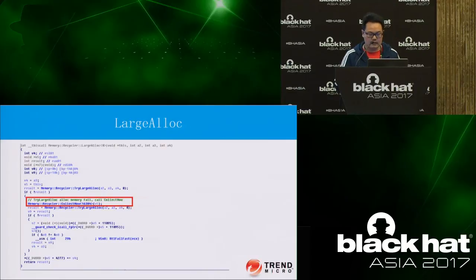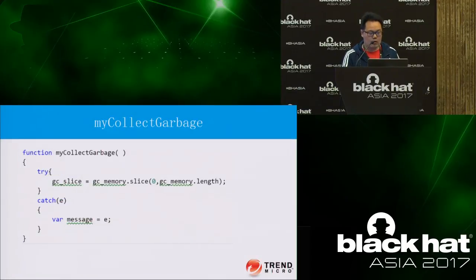So using the large allocate, we can define our own collect garbage function. This function can trigger the GC immediately. The GC memory is a large string, and when we use the slice function on it, it will allocate large memory from the operating system.